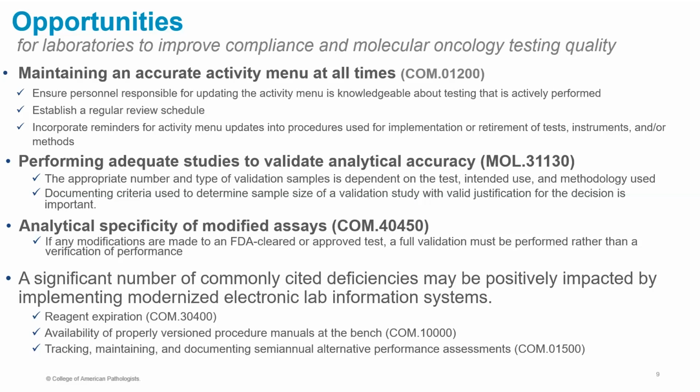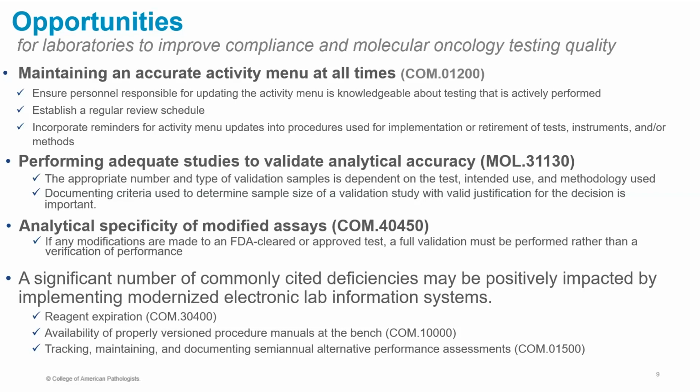Next, analytical specificity of modified assays. If any modifications are made to an FDA cleared or approved test, a full validation must be performed rather than a verification of performance, and that is important to remember.